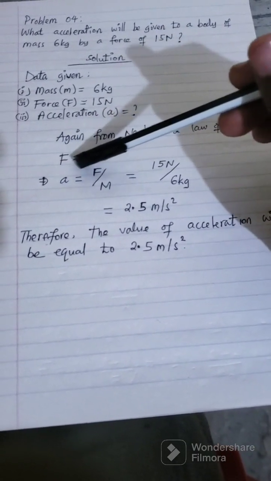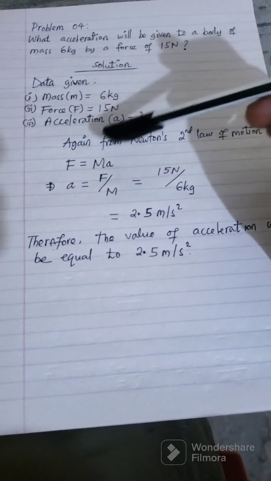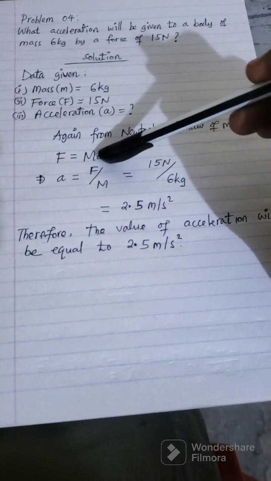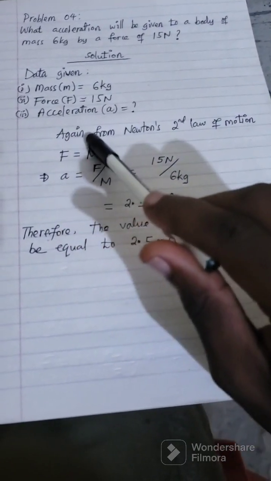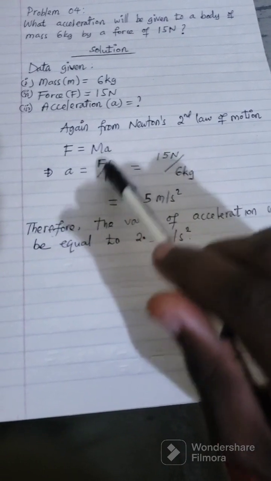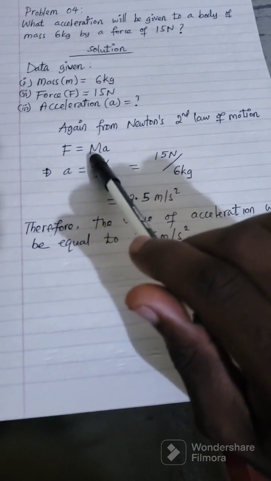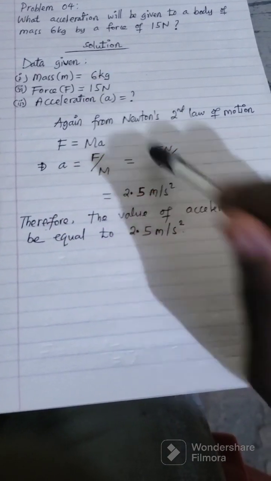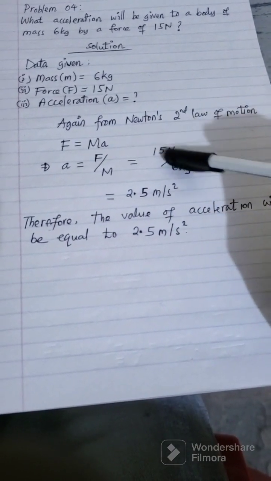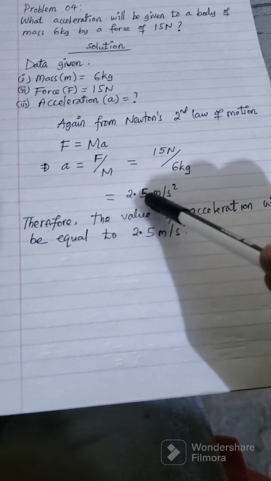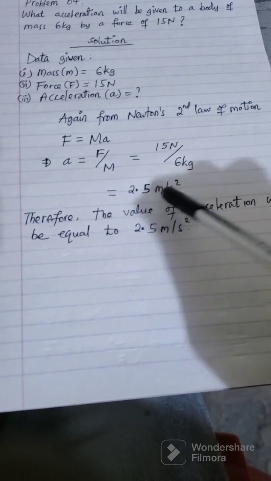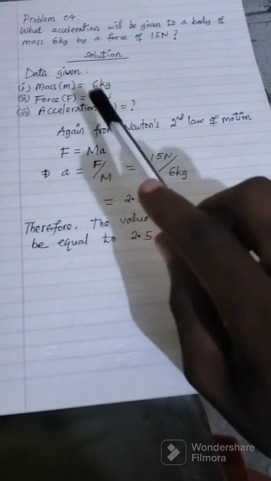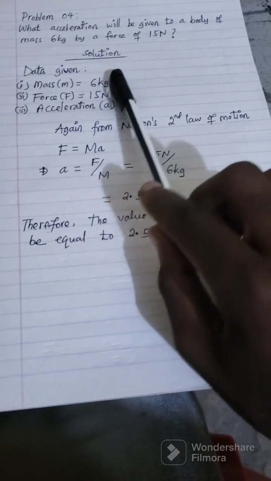Because we are asked to find the acceleration, we make acceleration the subject of the formula, which becomes A equals F over M, where F is force and M is mass. Because all these values have been given, we just put them in, and what we obtain is 2.5 meters per second squared. This is the acceleration that results for this body.